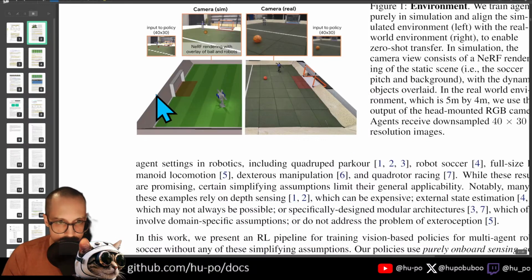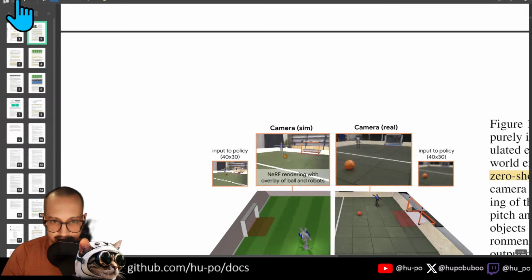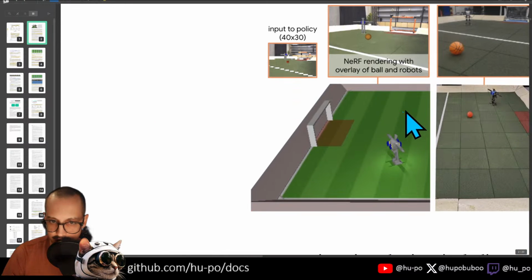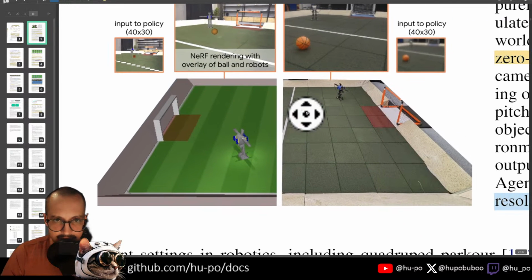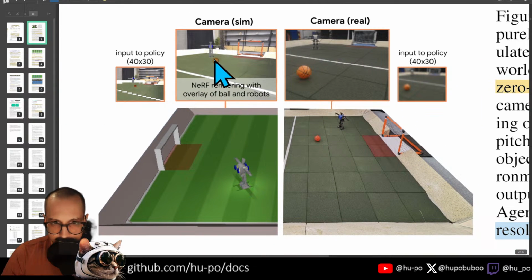So if we actually zoom in here. Enhance. All right, here you go. You see how the simulated camera has some of the classic simulated stuff here, like the ball and the robot and the goal. The ball and the robot and the goal are all being represented as a mesh with a texture on it, which is one type of 3D representation that you use in simulators.